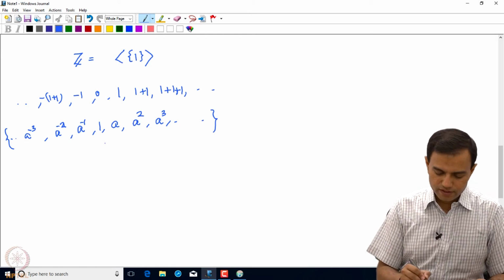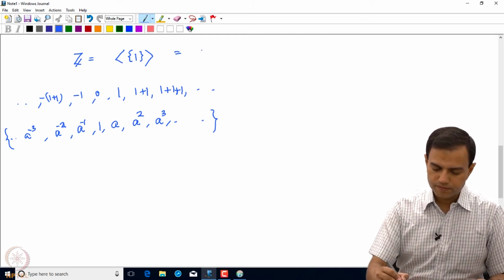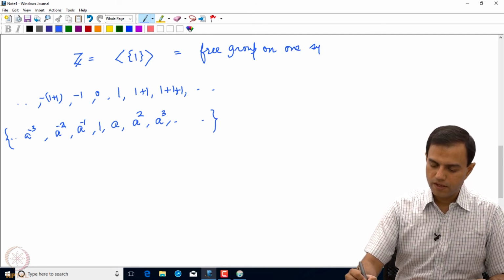So Z is therefore called free group on one symbol or one letter.